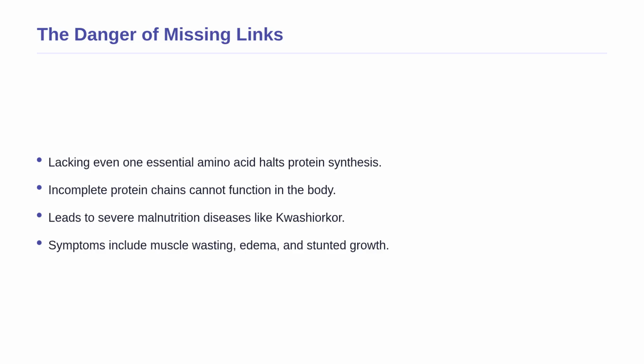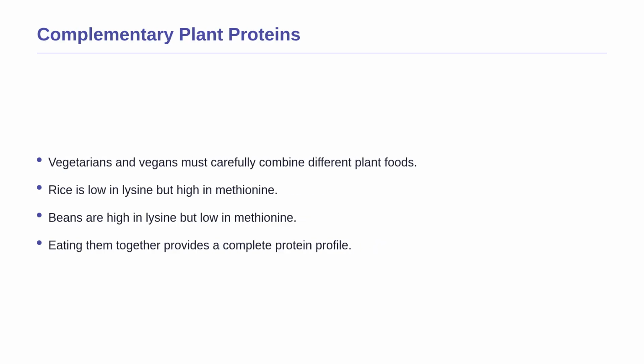This severe consequence of missing building blocks leads us to a very practical, everyday application. This concept is exactly why vegetarians and vegans must carefully combine different plant foods to stay healthy. For instance, let us look at a classic combination: rice and beans.